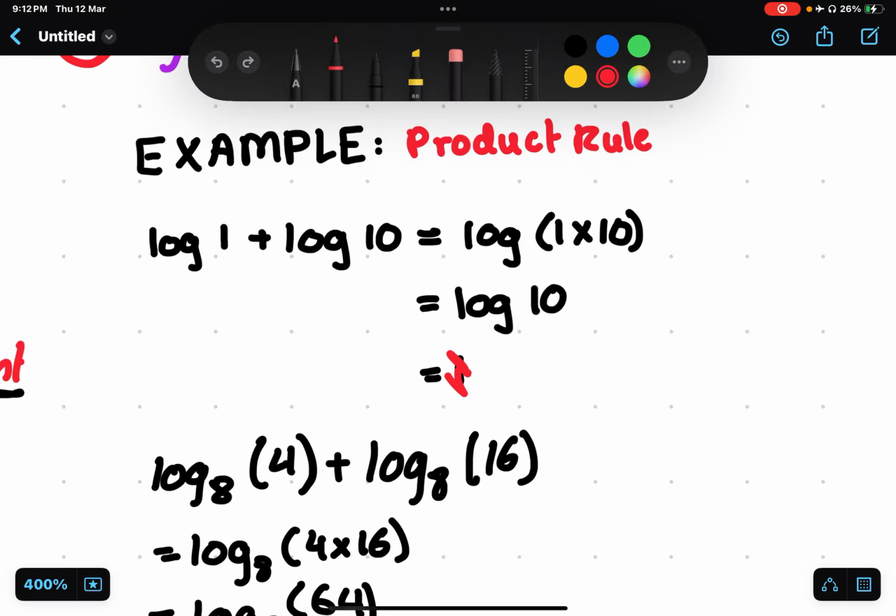And since our base over here is 10, this is the rule that we talked about in the previous video. If there's no base specified, then the base is automatically 10. So that's why this becomes log base 10 of 10. So what number do we need to raise 10 by in order to get 10? That would be 1.